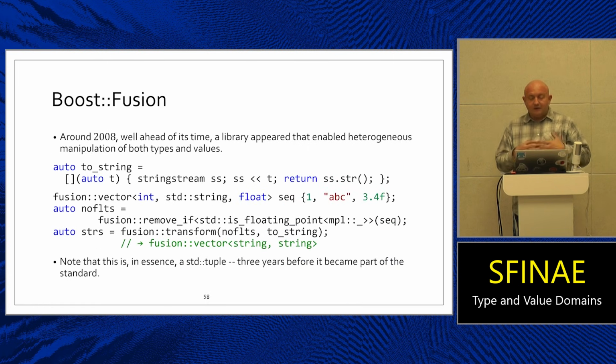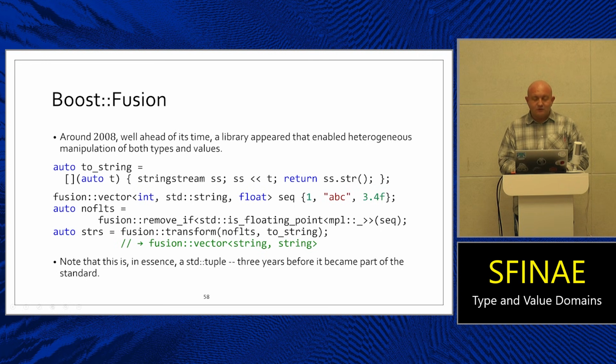Okay, but MPL wasn't the end of the story. The next big step was Boost Fusion around 2008, I believe, and still before C++11. Fusion was truly ahead of its time. It let you manipulate both types and values in one framework.